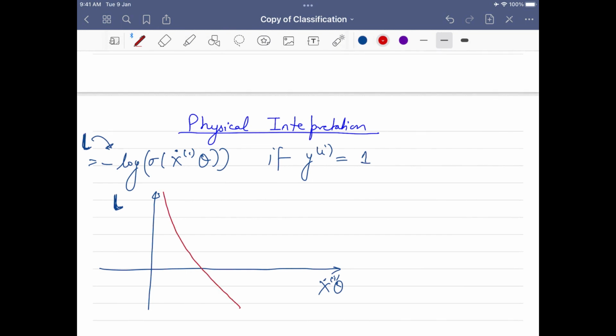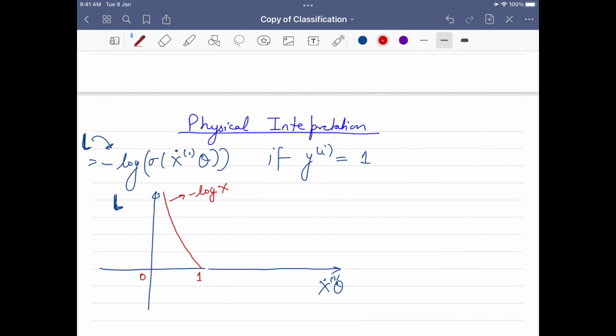This is basically the minus log x curve, so there is nothing rocket science here. If you plot minus log x, it will look like this. The important part is that we have to restrict ourselves to between 0 and 1.